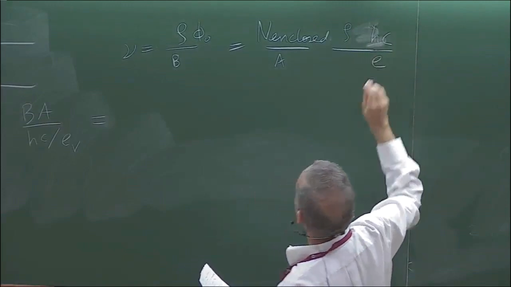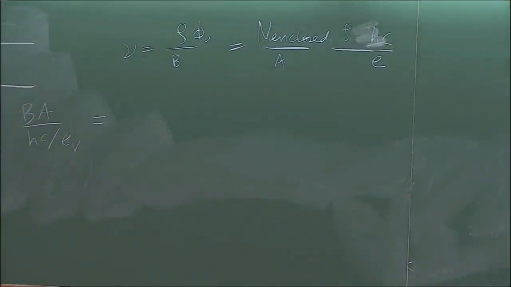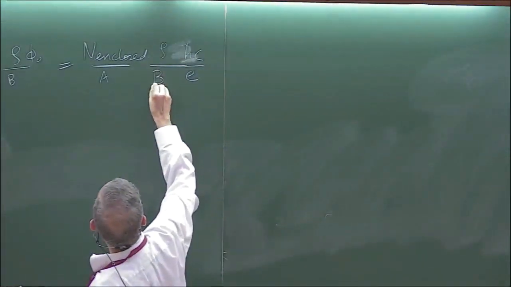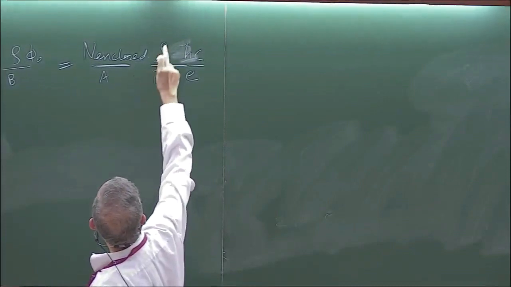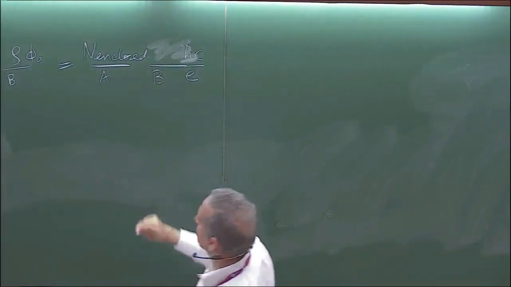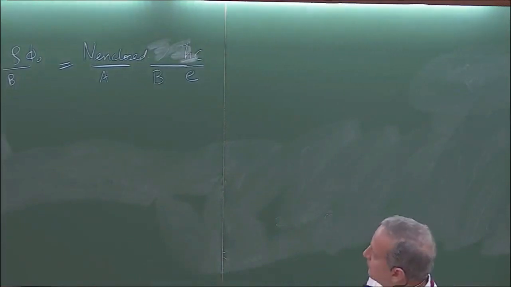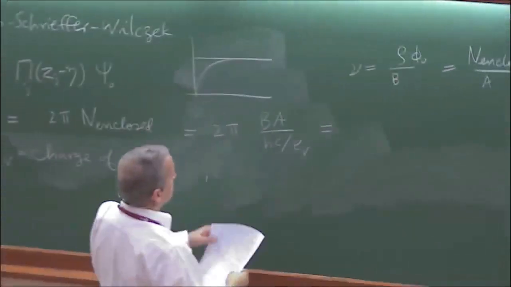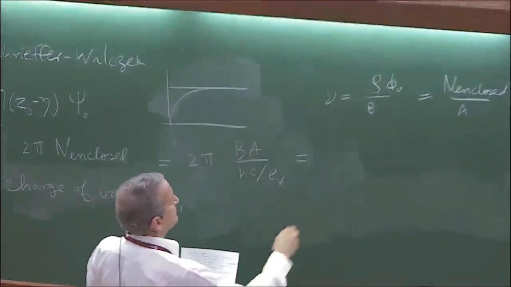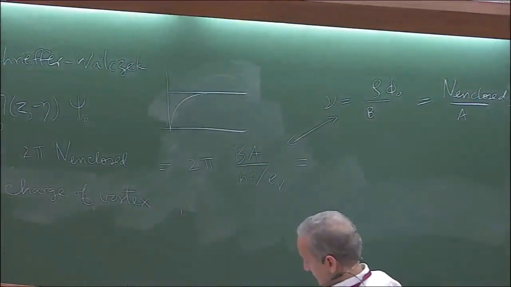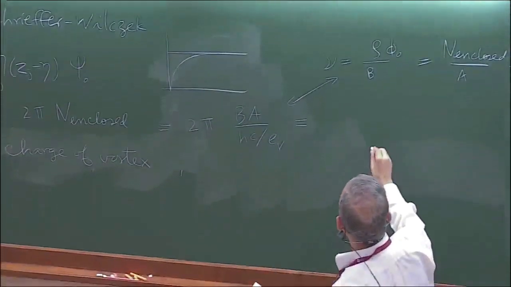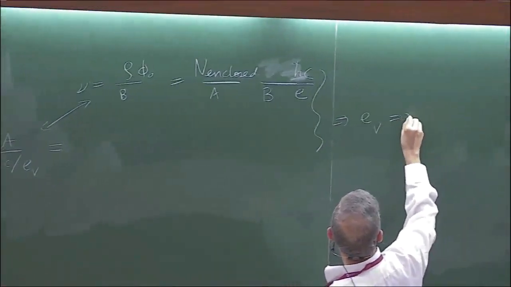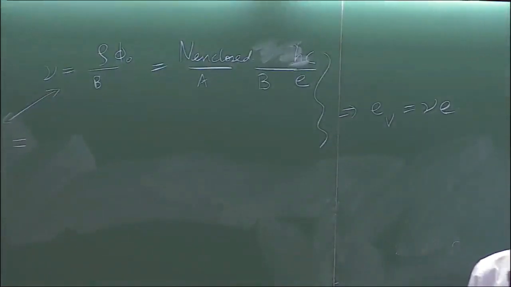I'm missing a. Okay, I believe that's correct. So if you compare, let's substitute for B from that equation. You combine these two equations, and from this you will find that the charge of a vortex is the filling factor measured in units of the electron charge.